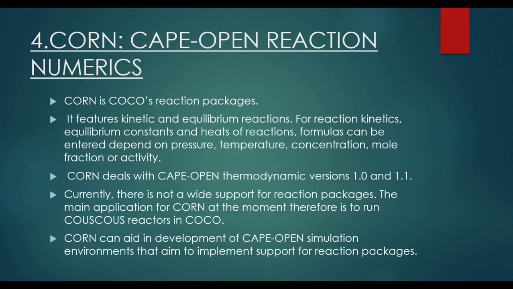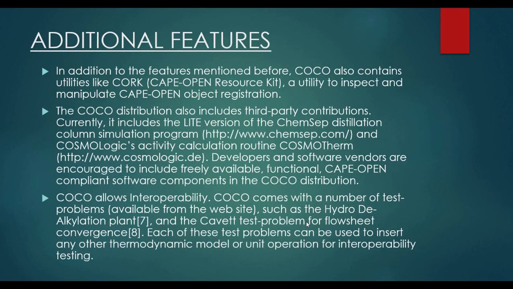The fourth one is the Cape-Open reaction numerics. As I discussed earlier, if you have reactions in hand, then you can create a reaction environment and then import it into the main flow sheet inside the reactor. Some additional features of this software also include third-party contributions, like CAMSAP and Aspen Plus have utility to import the COCO results into the main flow sheet.